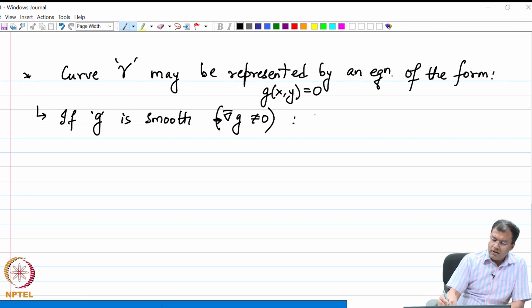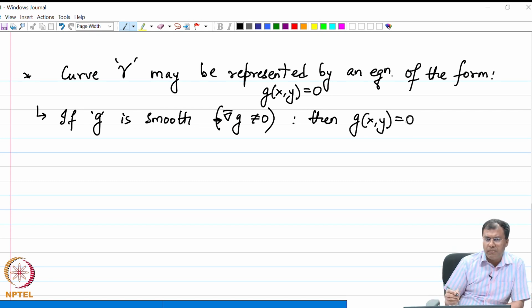Then my condition g of x y could possibly be solved to represent one variable y with respect to the other variable x, right, could be used.